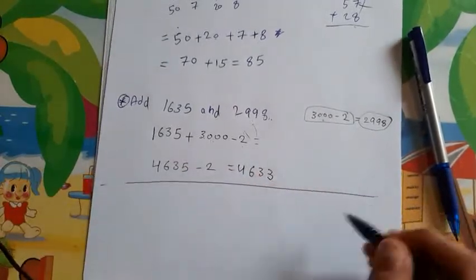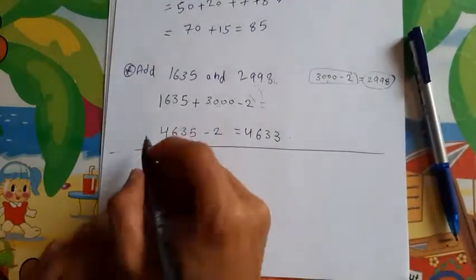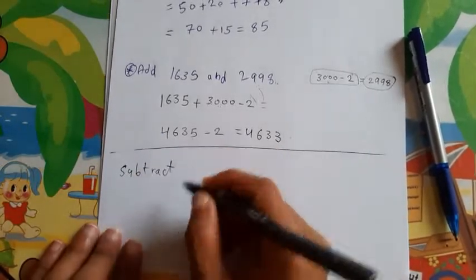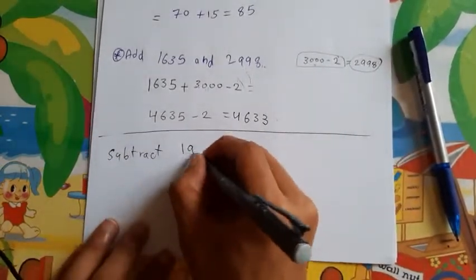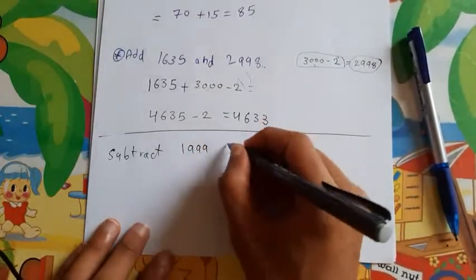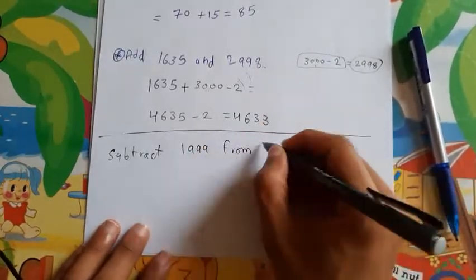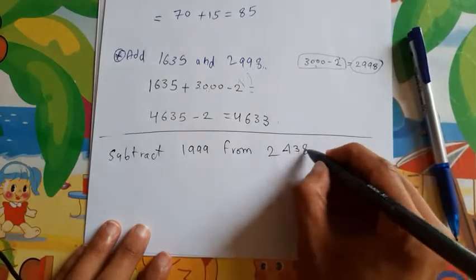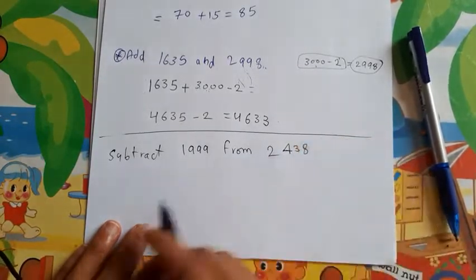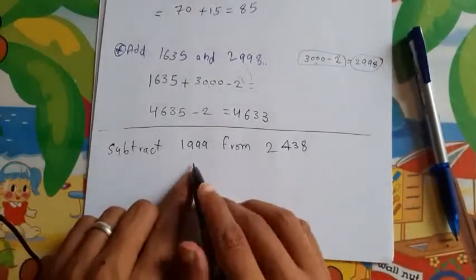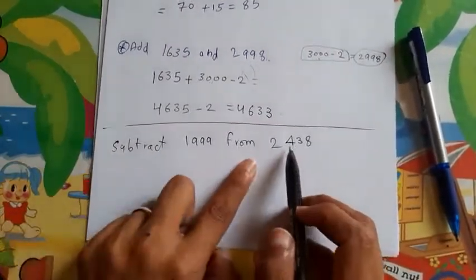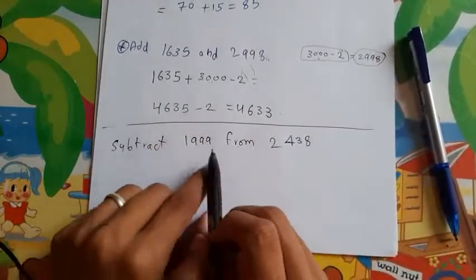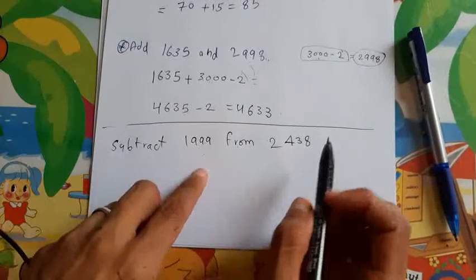Now let's use the mental calculations to do subtraction. Subtract 1999 from 2438. So whenever you encounter subtract a number from a number, it means take a number from a number. So always we take the smaller number from the bigger one.